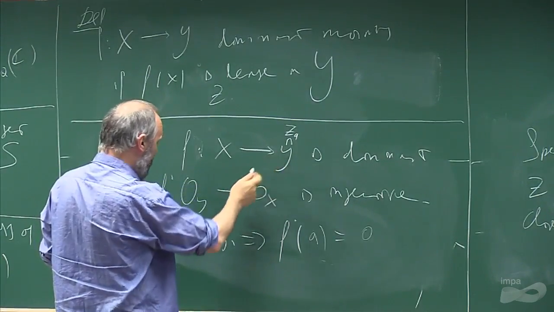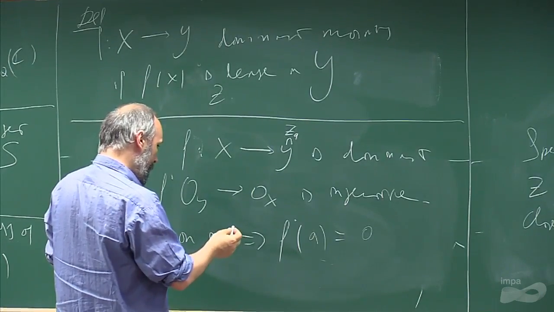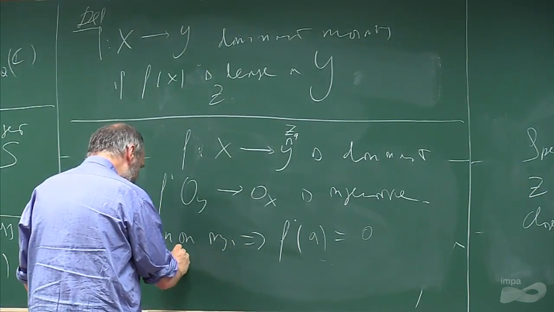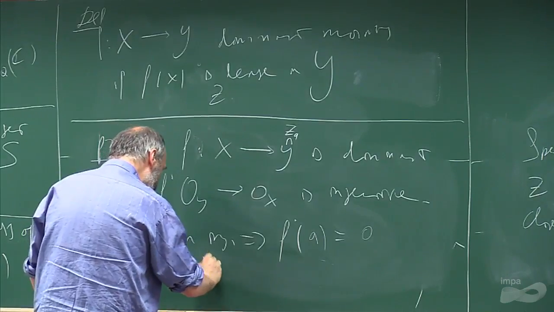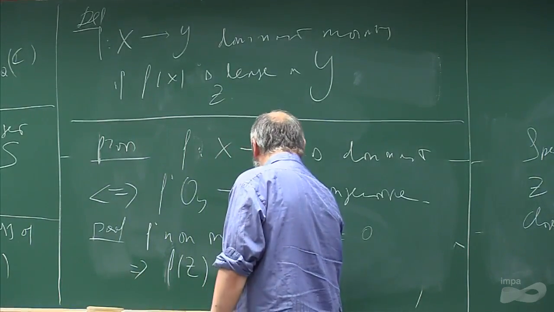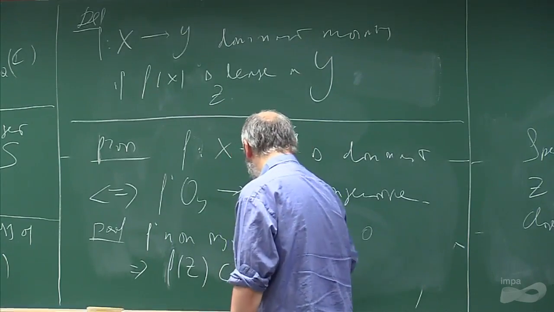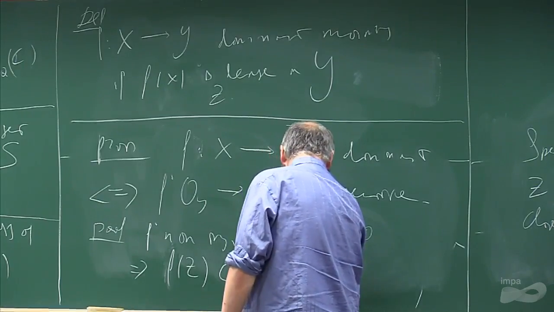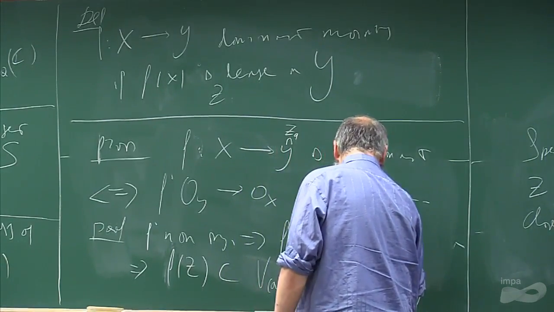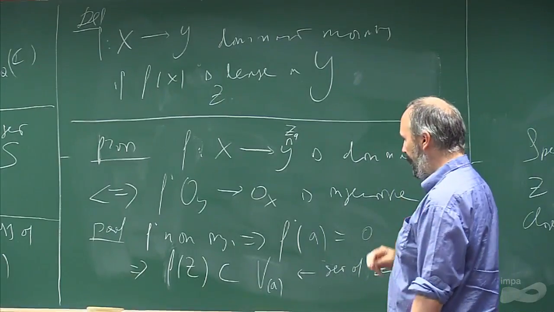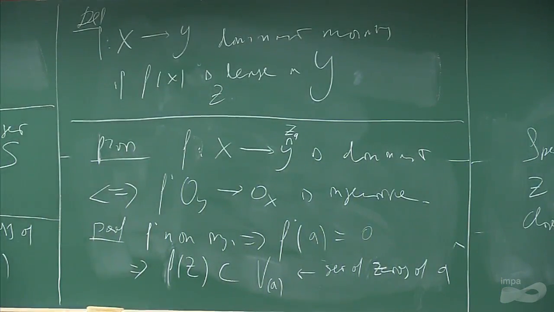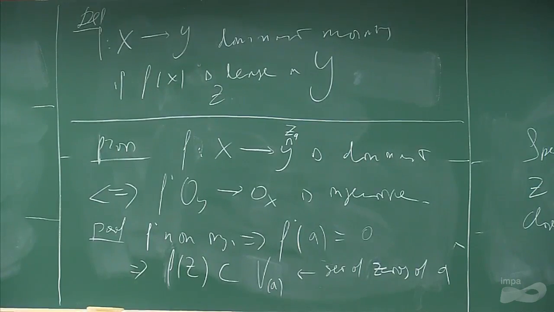Then f of Z belongs to ZA, or we denote it as VA, the set of zeros of A. This is a tautology, there is nothing to prove here, but let's do it properly and try to prove it even if there's nothing to prove. So how do you prove it?